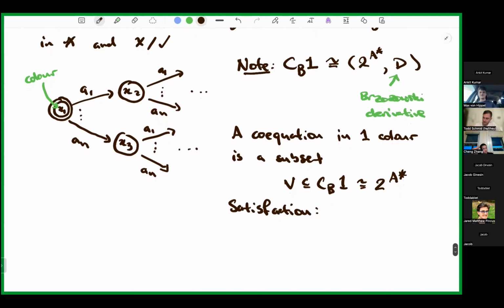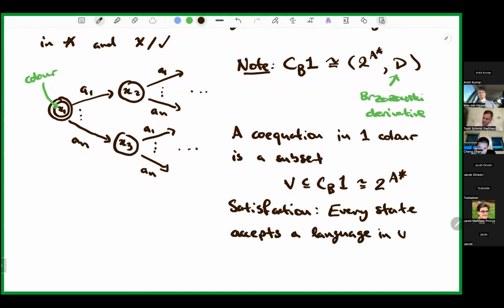But yes, it's going to accept languages, but more specifically, every state accepts a language in the coequation. Yeah, okay, does that make sense?